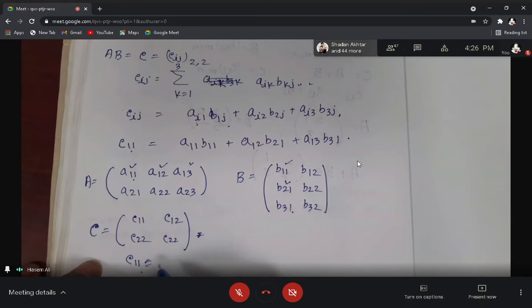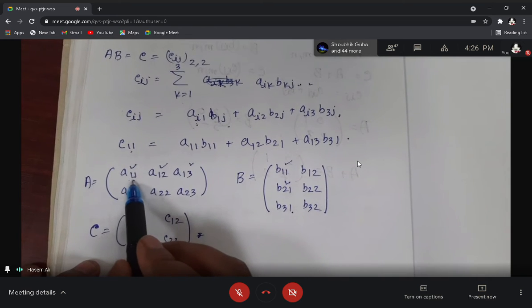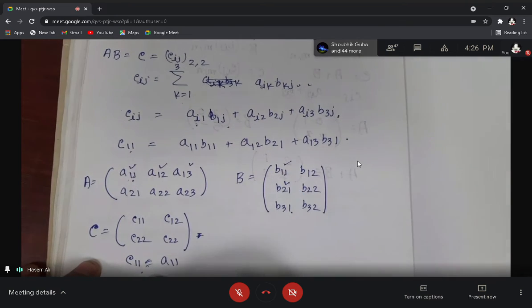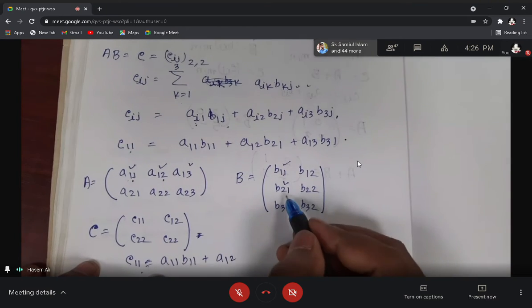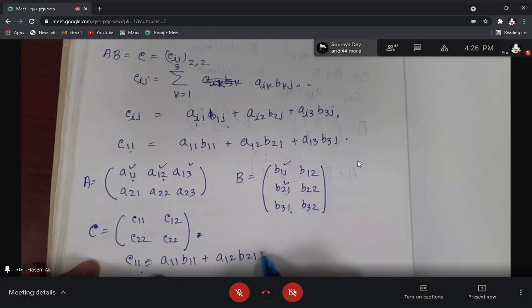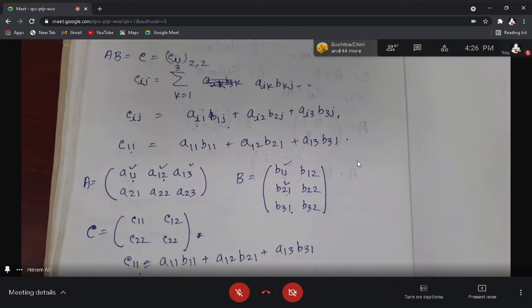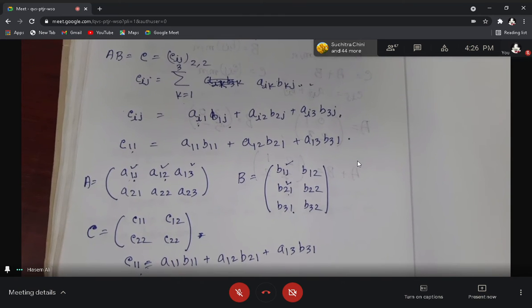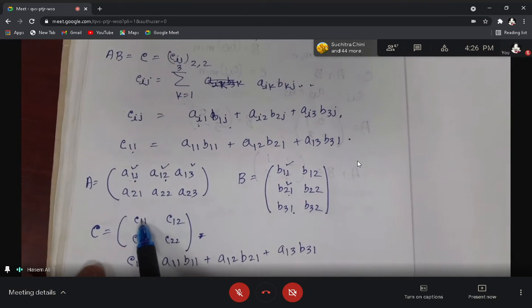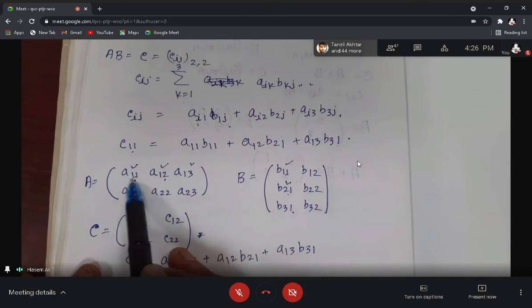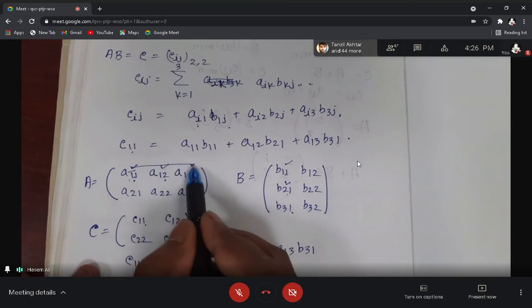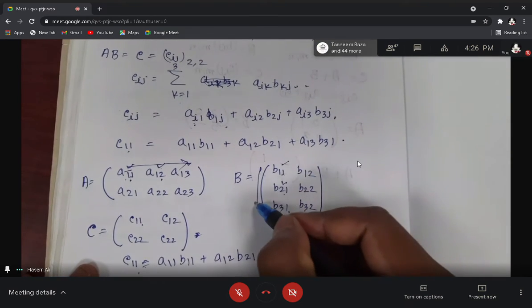So the first element is calculated from this row into this column.